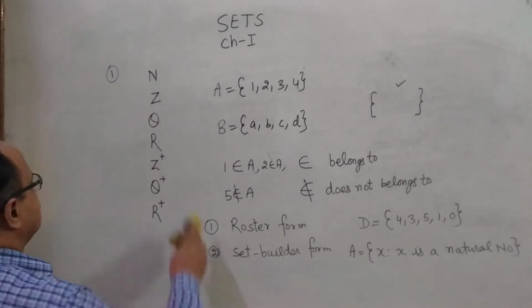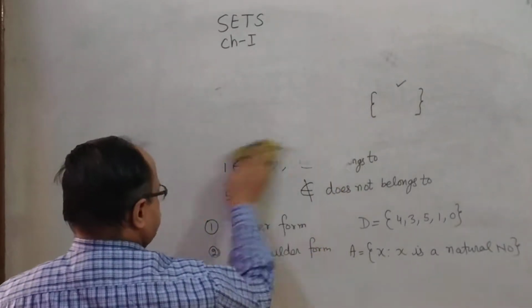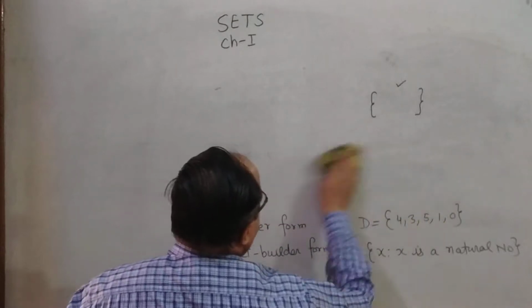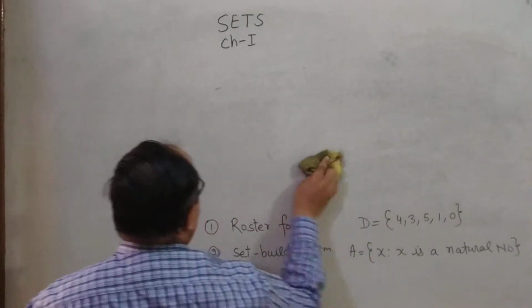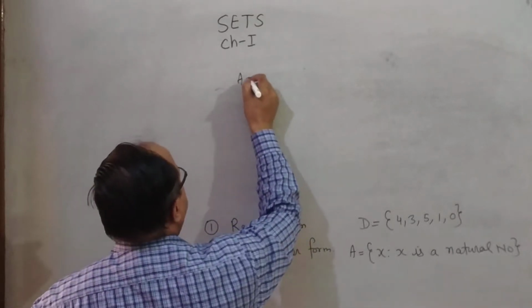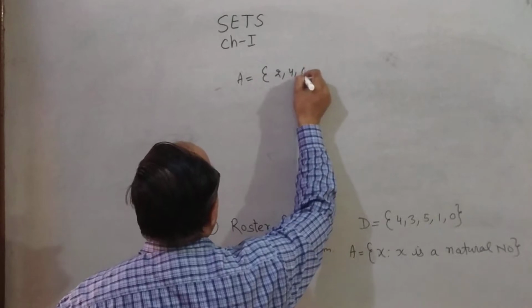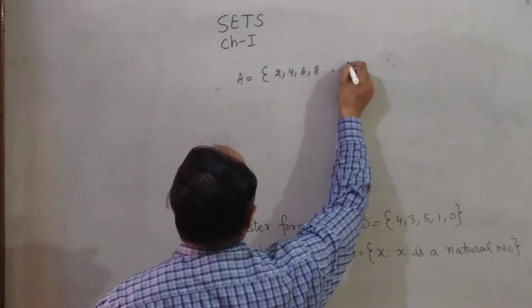Another example of set builder form. For example, the set 2, 4, 6, 8, and so on.